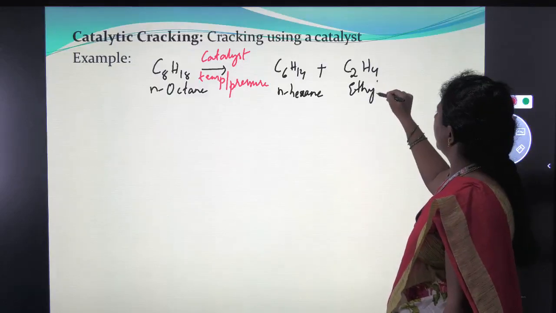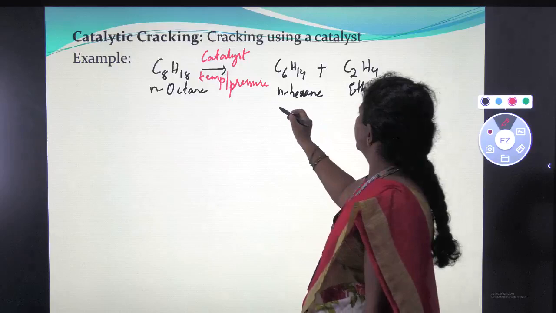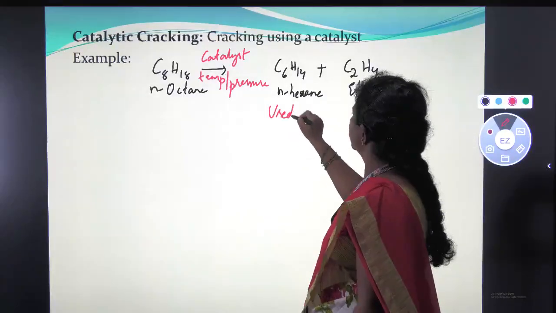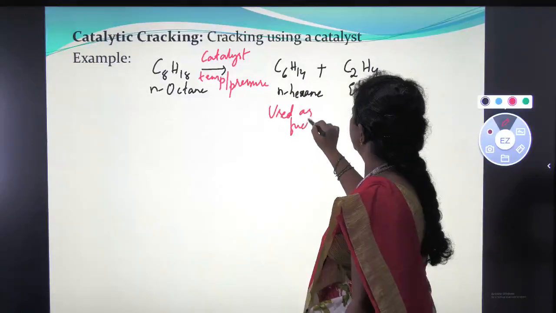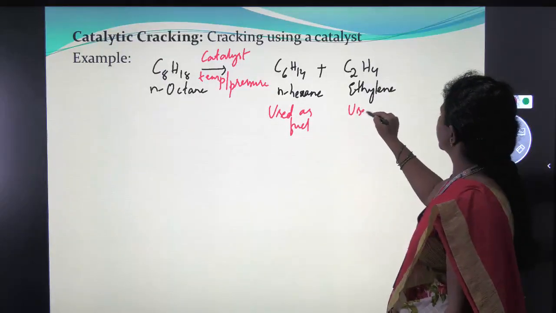Here the olefin formed is ethylene. This N-hexane can be used as fuel, and ethylene is used in making plastics.